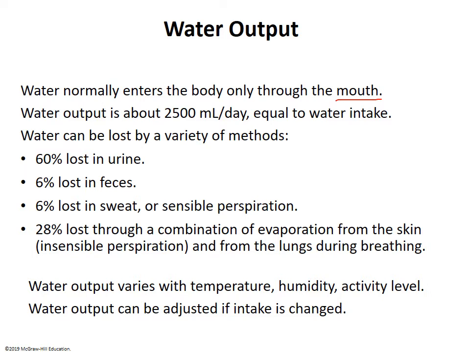Our water output is about 2.5 liters a day. Again, that varies tremendously, but it should equal the water intake, or very close to it. Now, our water loss, most of that is going to be through urine. All right, what we just talked about with the kidneys. But there's a small percentage that's lost in feces.